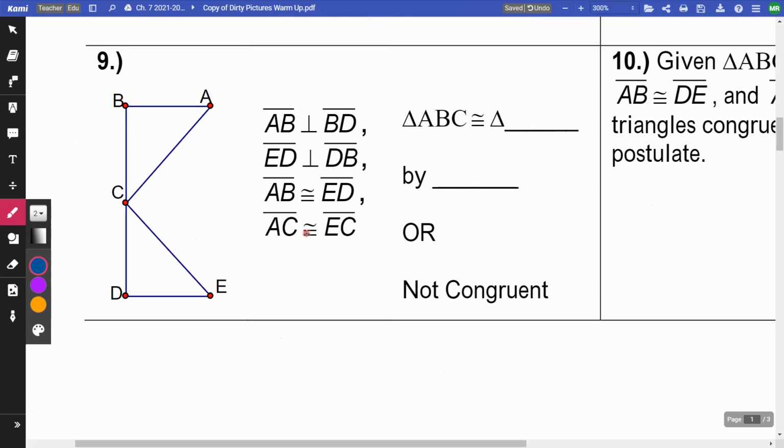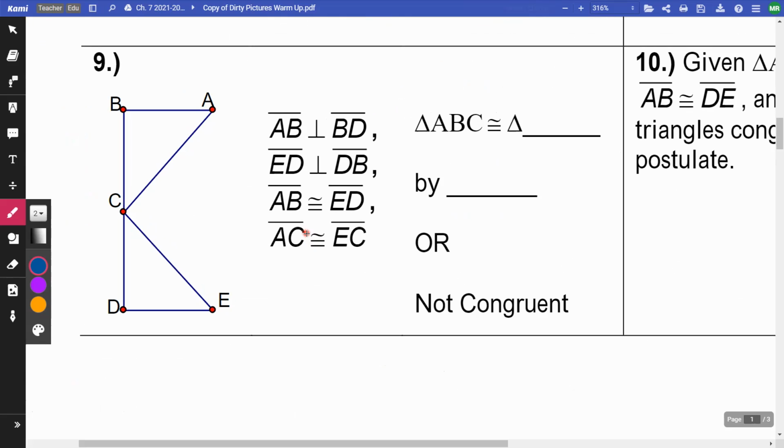On 9, I know AB is perpendicular to BD, so that means that this is going to be a right angle. I also know that BD is perpendicular to this, so this is going to be a right angle. So I know both of these are right angles, okay?